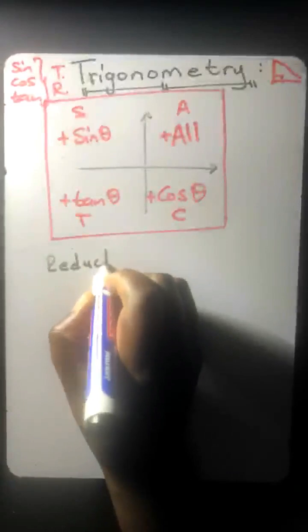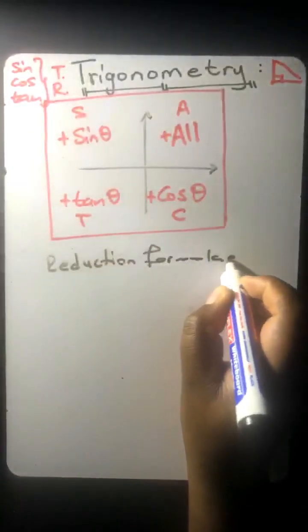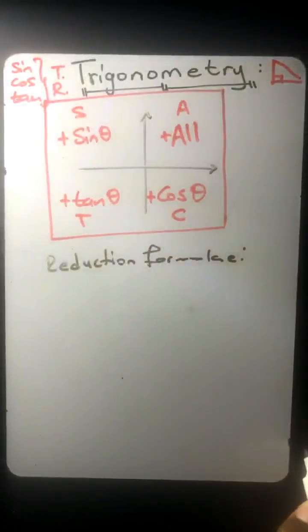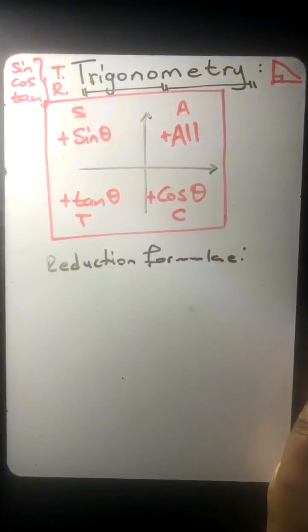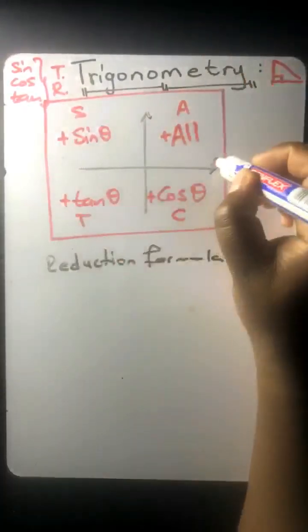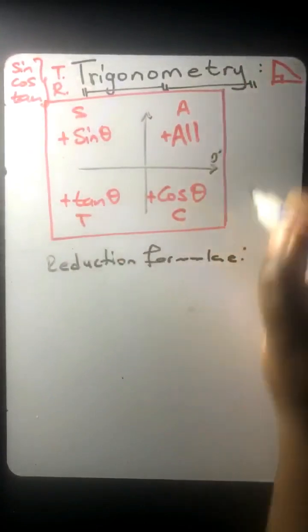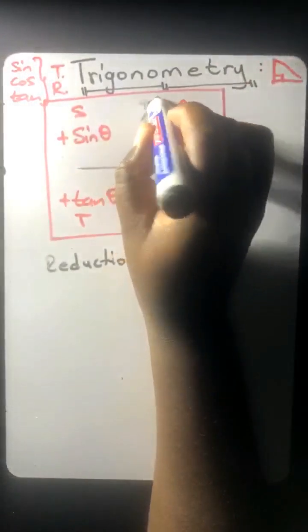So now, I'm about to talk about what we call reduction formulae. Reduction formulae. Maybe let me quickly remind you that on our Cartesian plane, starting from there, we have our angle being 0 degrees. Then there, it is 90 degrees.